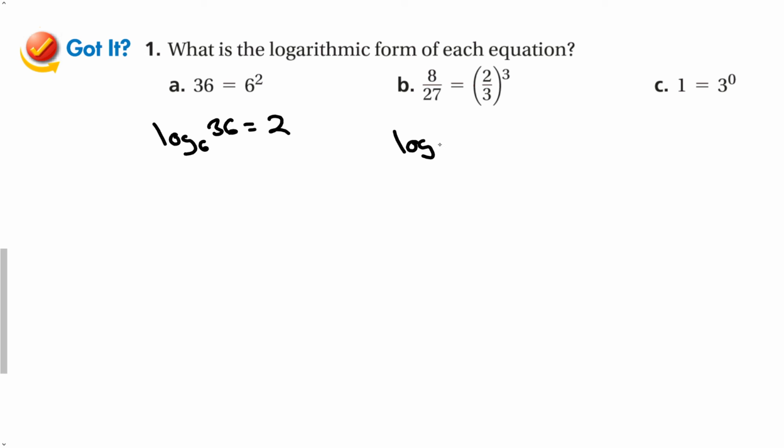The log base 2/3 of 8 over 27 is equal to 3. The answer to a logarithm is always an exponent. The log base 3 of 1 is equal to 0. Answers to logarithms are exponents.